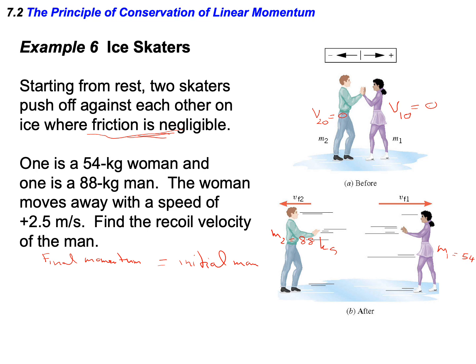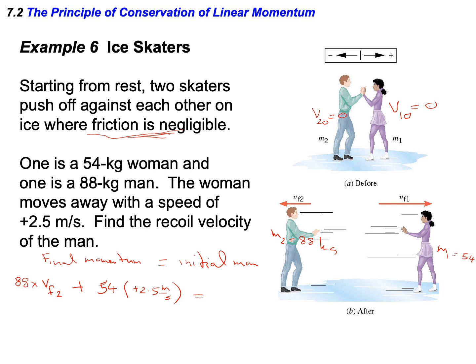So the final momentum of the man is mass of the man, which is 88, and velocity of the man, we don't know, V final 2, plus mass of the woman, which is 54, and velocity of the woman, she is moving with plus 2.5 meters per second, which is equal to the initial mass times velocity.